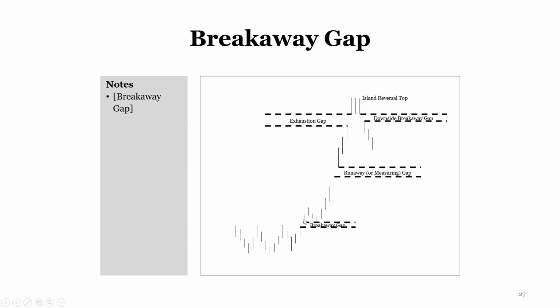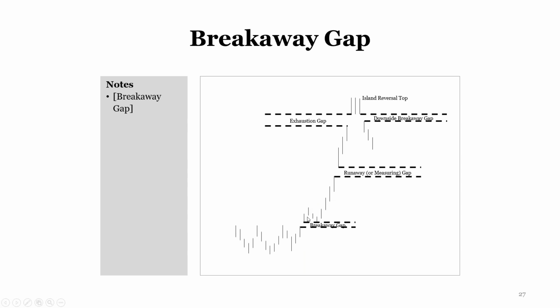You can buy right here on the gap up day. That's one possibility. You can buy at the gap up open. Another possibility is to wait for the pullback. The pullback can occur right at the high of the gap, and then the stock takes off. That's the one entry.